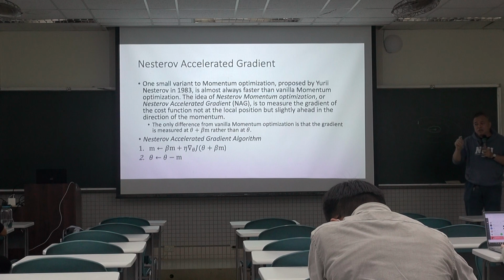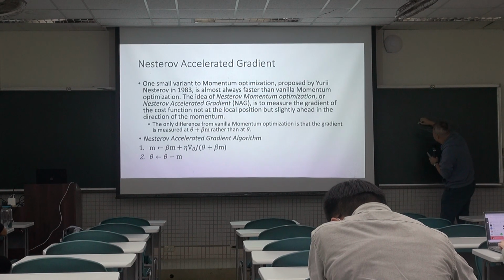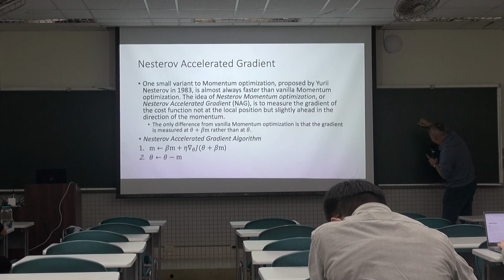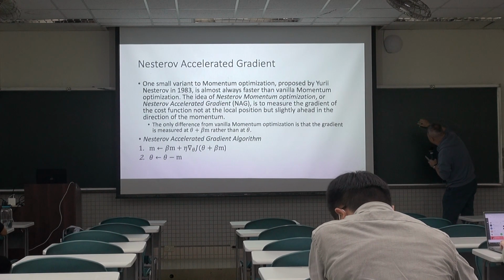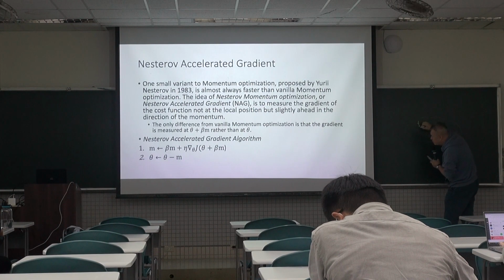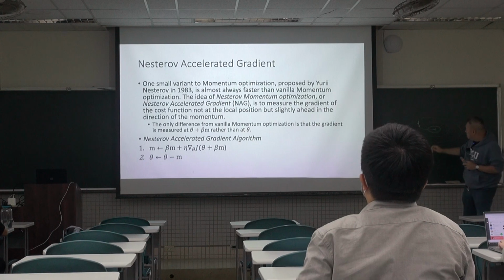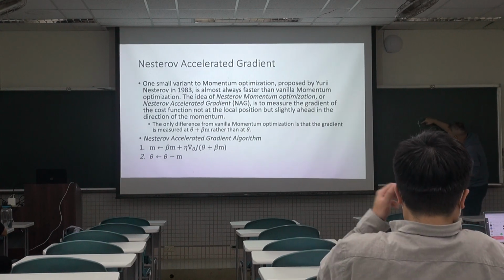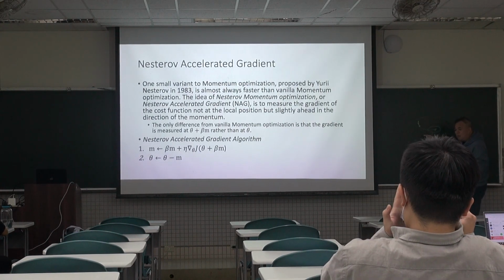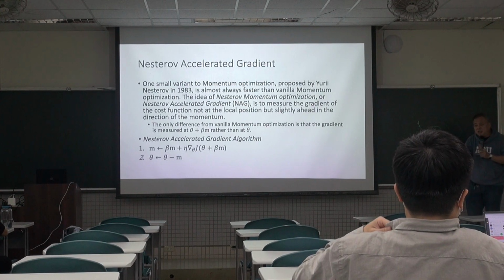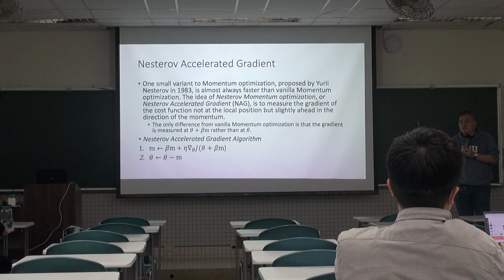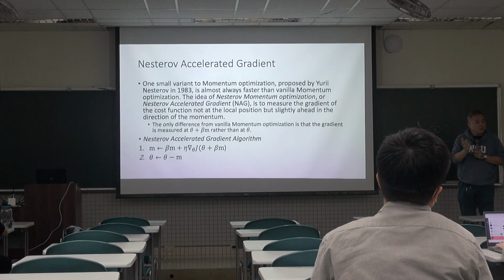So it's less accurate. But if you take it at the next step location, it's going to go in this direction. So between this direction and this direction, which one is more accurate? You may say both are inaccurate, but isn't the direction you get from the next step pointing more toward the lowest location?